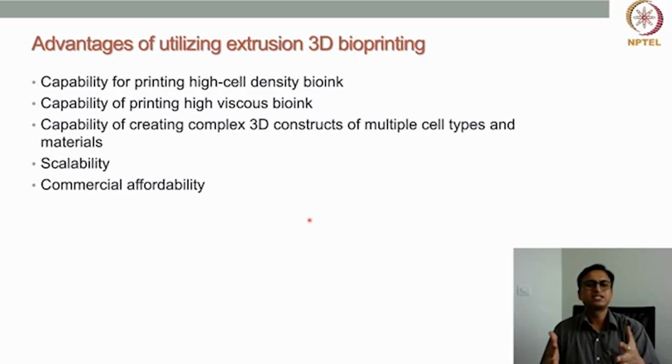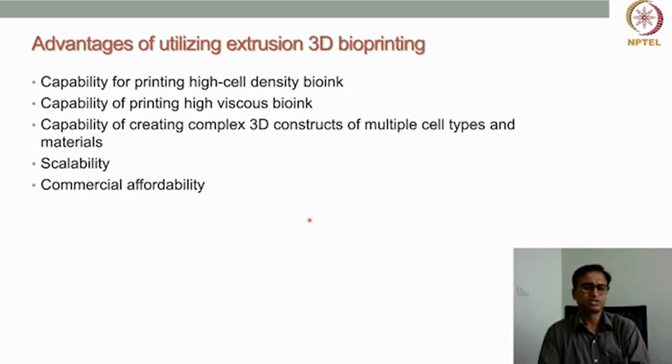So scalability is a big factor. This technology has got that, because with extrusion bioprinting we can print tissue of different cells, and we can also keep on scaling with this extrusion based bioprinting. So that's a very big advantage of this.